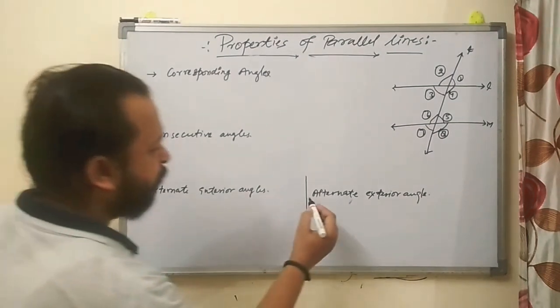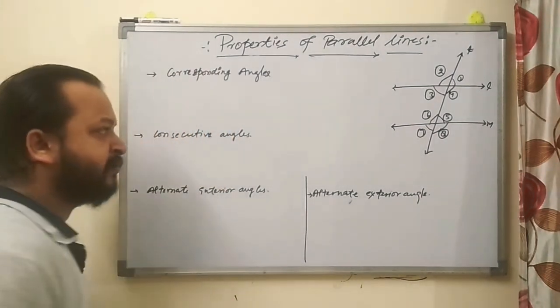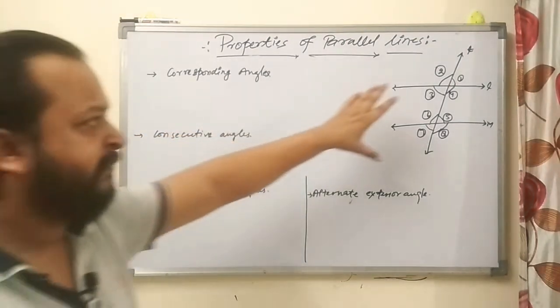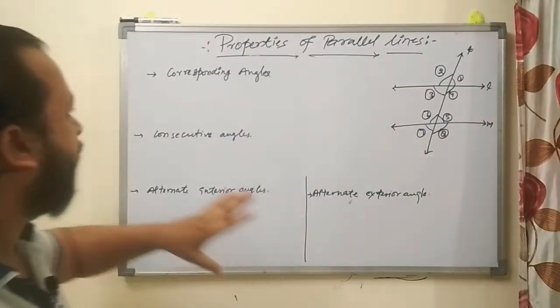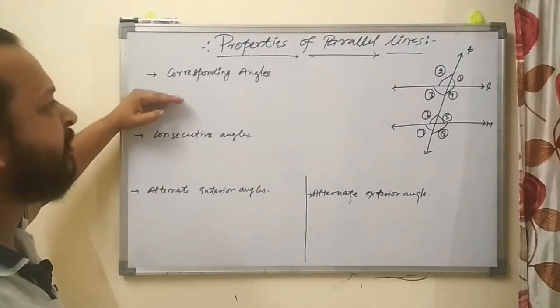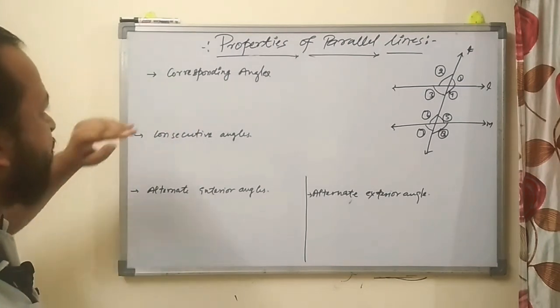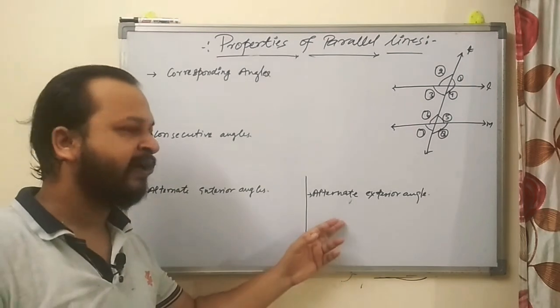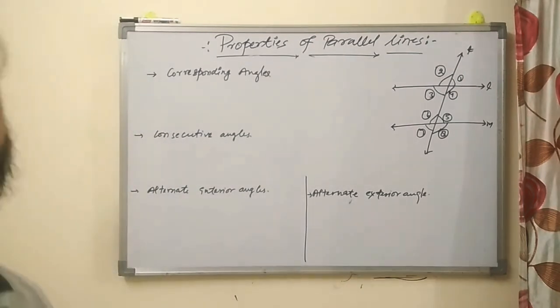So basically the 4 types you have to study. There are 8 different angles, right? So the types of angles which you have to study are, first, corresponding angles, consecutive angles, alternate interior angles, and alternate exterior angles, right?